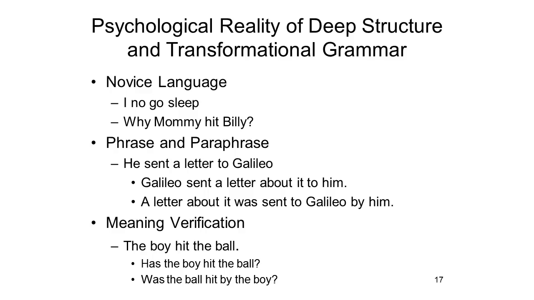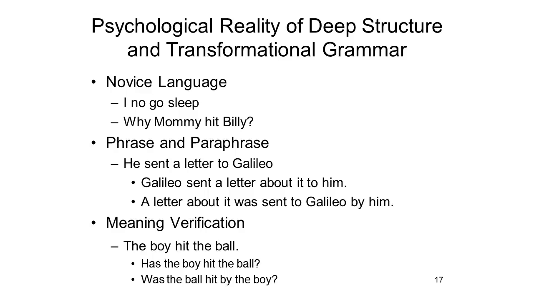Chomsky argued that something like deep structure and transformational grammar is logically necessary in order to understand language. But we've long since learned in this course that we should start to worry when someone argues that something's logically necessary. As empirical scientists, we also need evidence of the psychological reality of deep structure and these kinds of transformational rules.